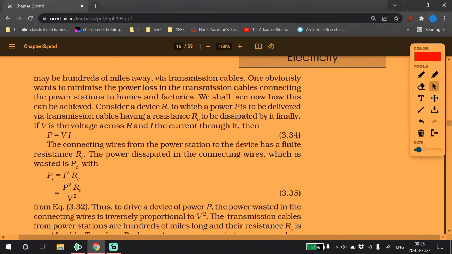This we have learned earlier. We try to minimize the heating effect due to current by increasing the voltage. So we know that P is equal to VI. Let the connecting wire have a resistance RC.